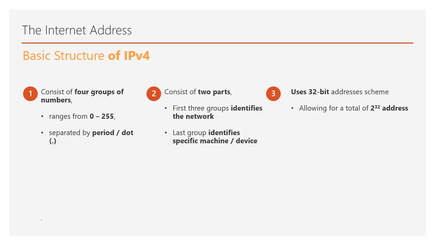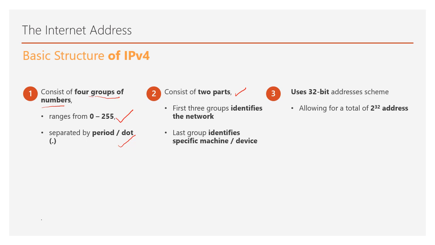So as a summary, this is the explanation of the basic structure of IPv4. IPv4 consists of 4 groups of numbers, ranging from 0 to 255, separated by a period or a dot. It consists of 2 parts.